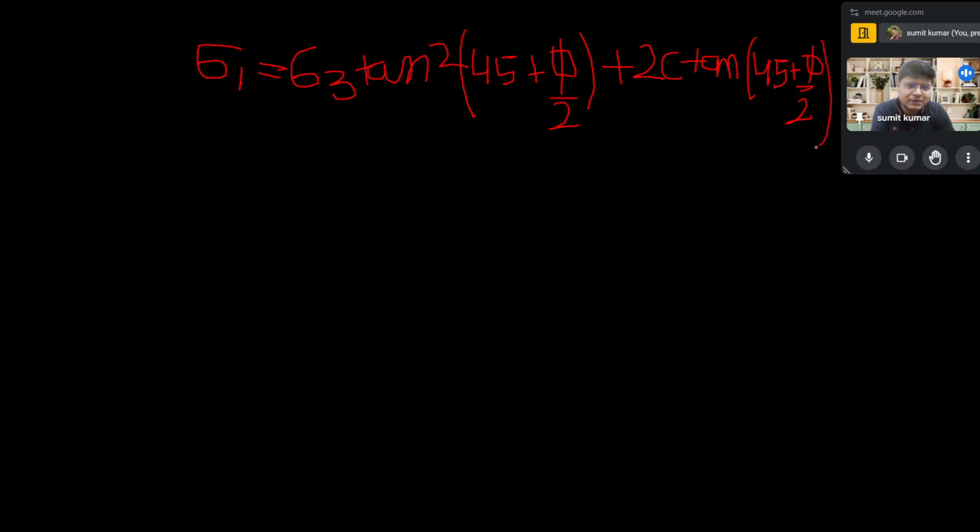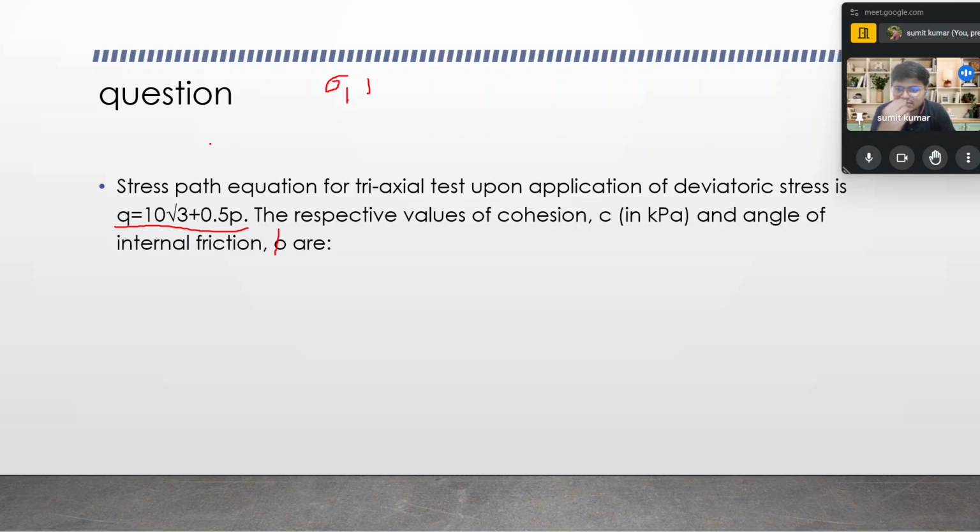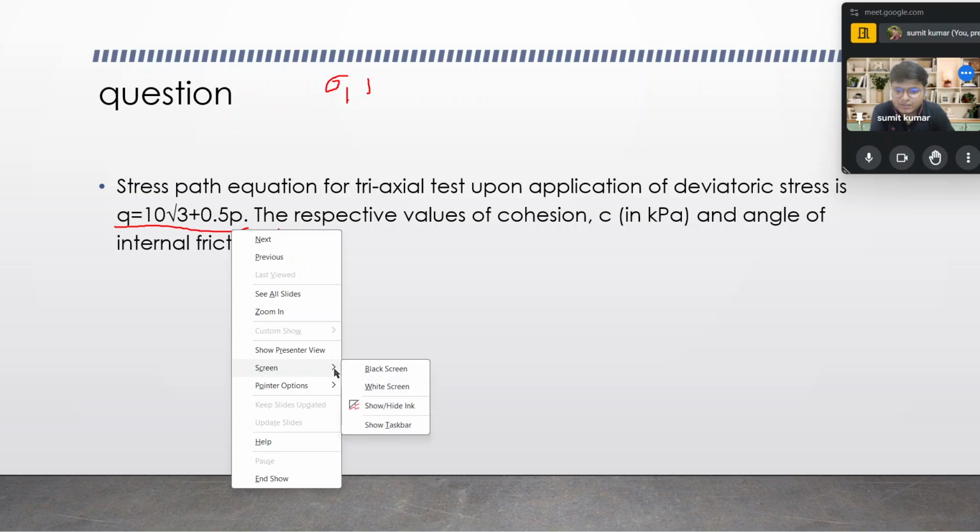And we have to find the value of cohesion and phi. And over here, the equation is given as Q equal to 10 root 3 plus 0.5 P.